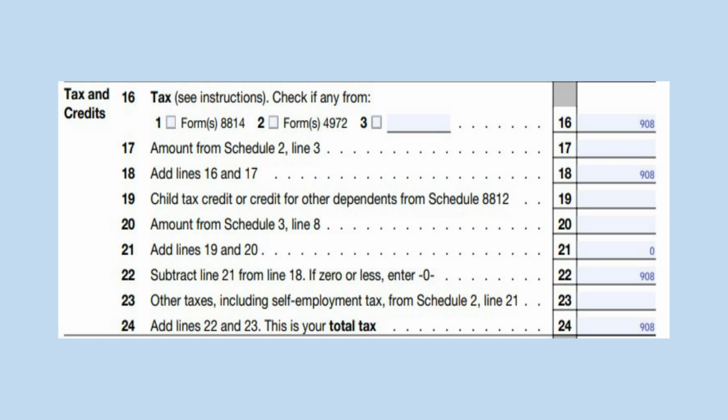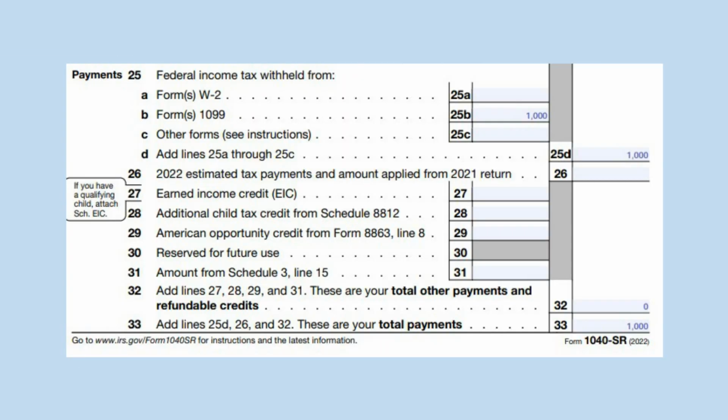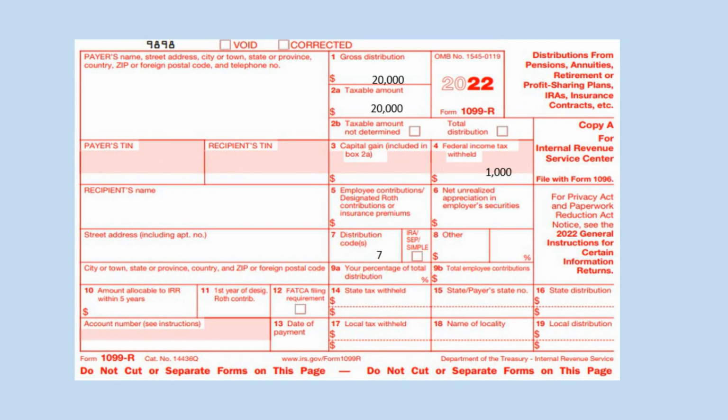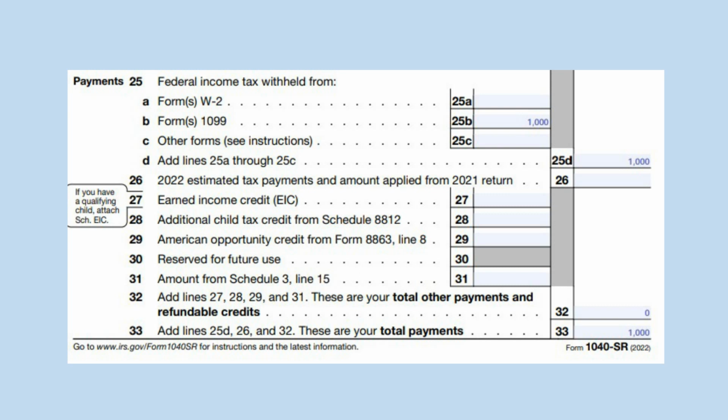Place an amount on line 16 and carry it down to line 18, 22, and 24 as you have no other taxes or credits. On line 25B, we will put your federal income tax withholding from your Form 1099. You can find this information in box 4 of your Form 1099-R. In our example, it is $1,000. Carry this amount to line 25D and down to line 33, as withholding is your only payment.